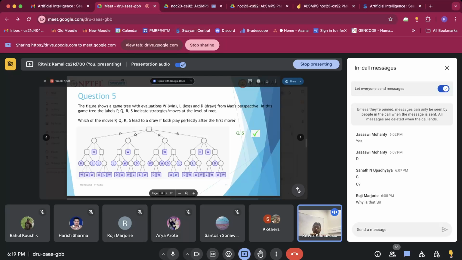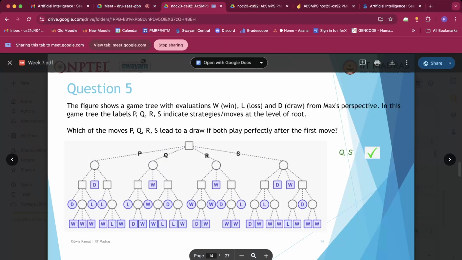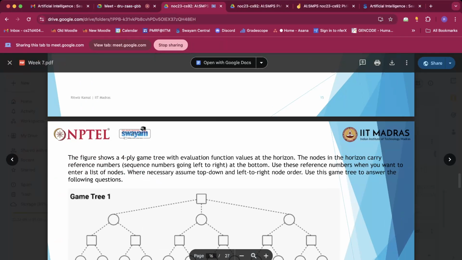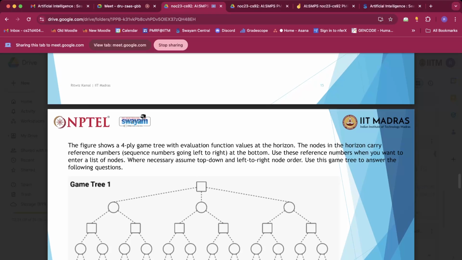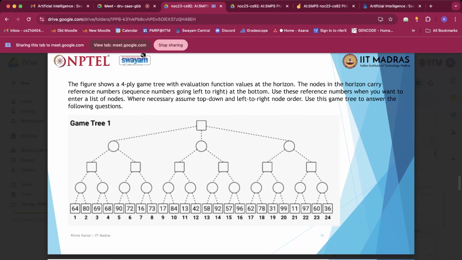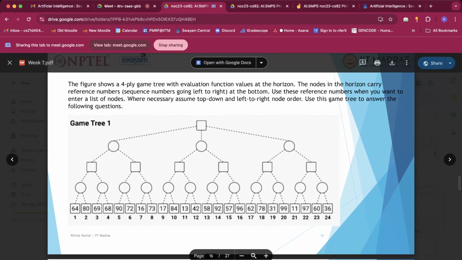Okay, if not, then that's great. Let's move ahead to the sixth question then. So for question 6 onwards we will be using this same game tree.